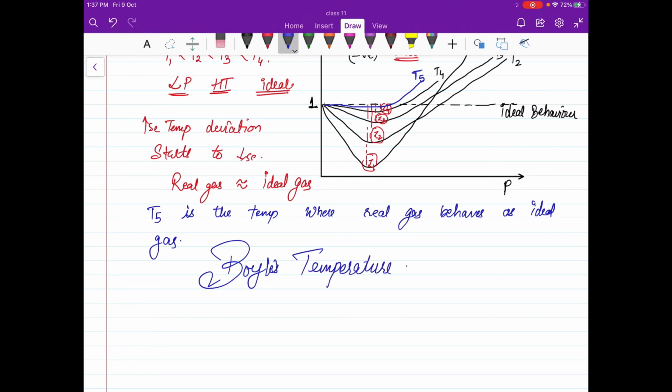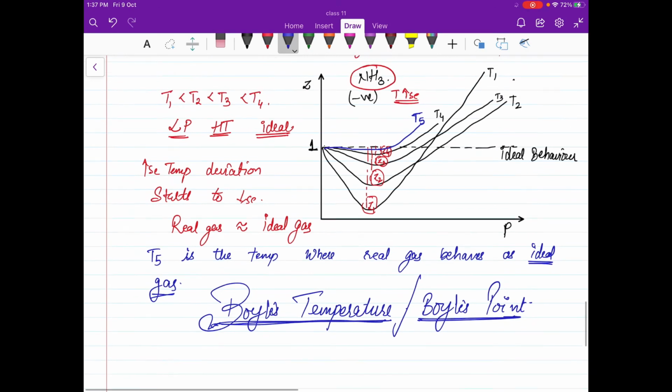Very important. What is Boyle's temperature? The temperature of a real gas at which it starts to behave as an ideal gas is termed as Boyle's temperature. In some books it is also called Boyle's point. So you have to note down this point. This definition is 100% asked in your 1 marker questions.